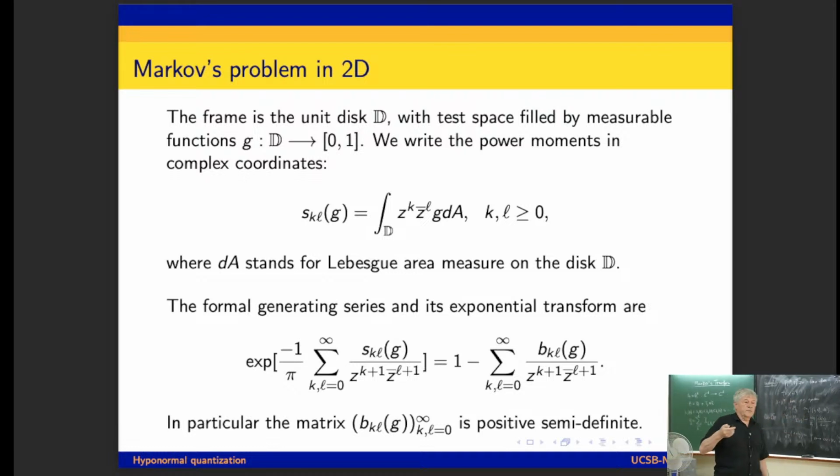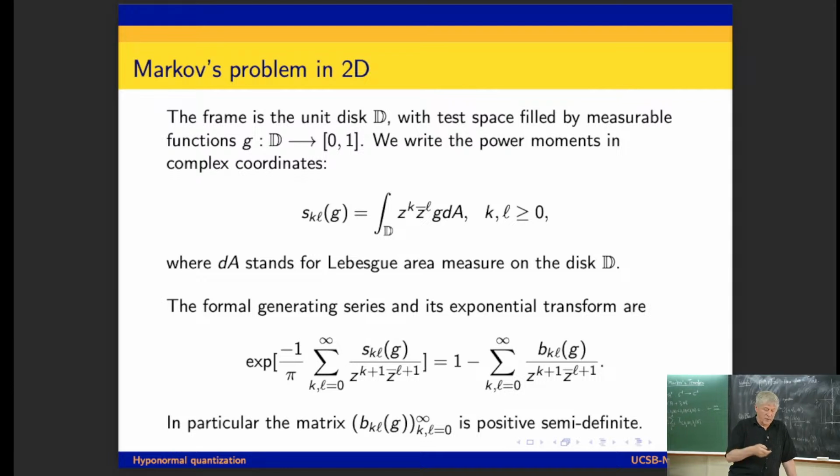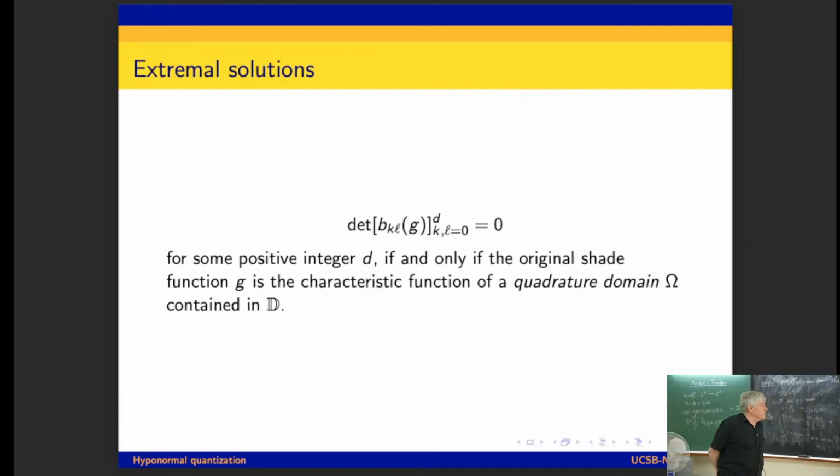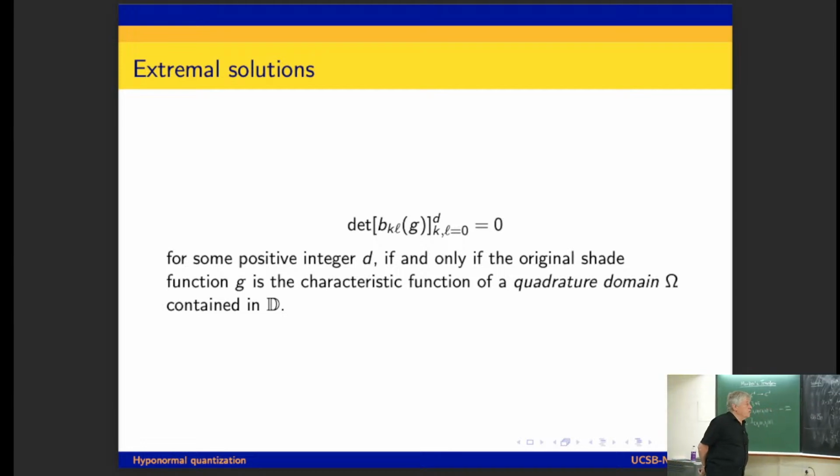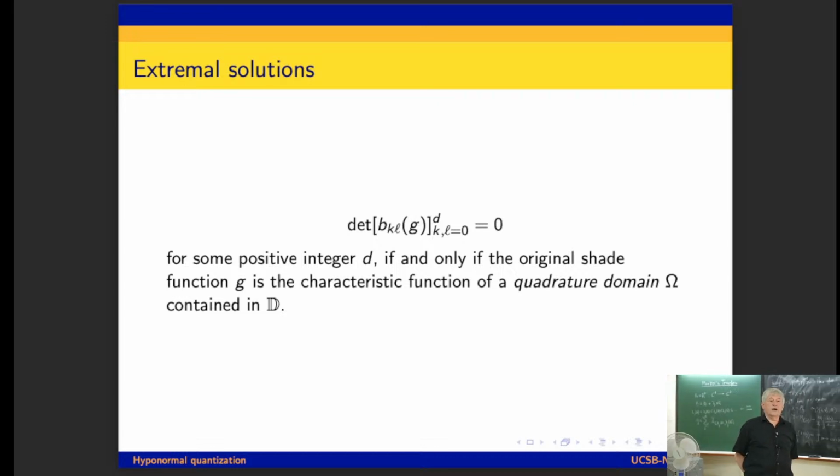What are the extremal solutions? Before, we identified them with the vanishing of the determinant of a finite section of this. Well, this is 0 if and only if the shade function has values only 0 and 1, and the support is what is called a quadrature domain.